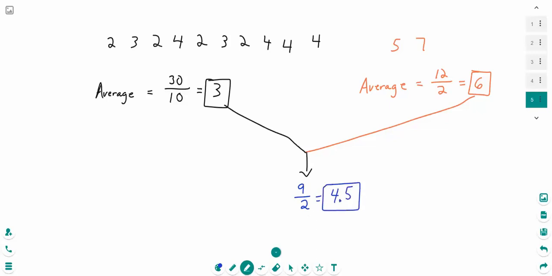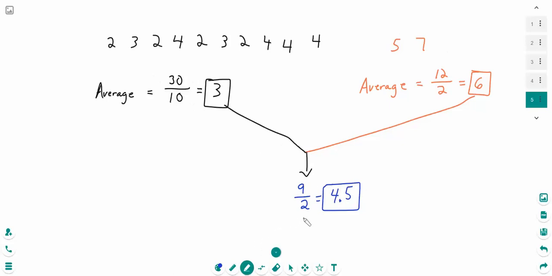Okay? And I would say, well, there's my average. Now, my question to you would be, is this average the same average that I would have gotten if I hadn't lost these two numbers in the beginning? So in other words, if I had added all of these plus these two and found the average for all 12 numbers instead of 10 numbers, would that give me an average of 4.5?